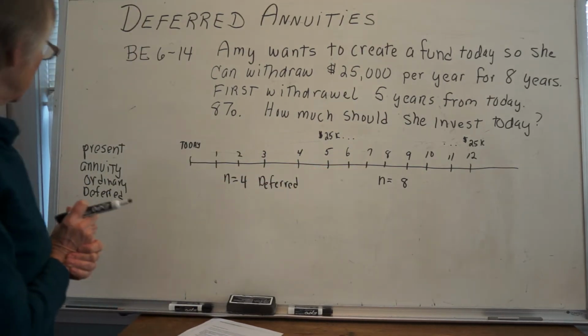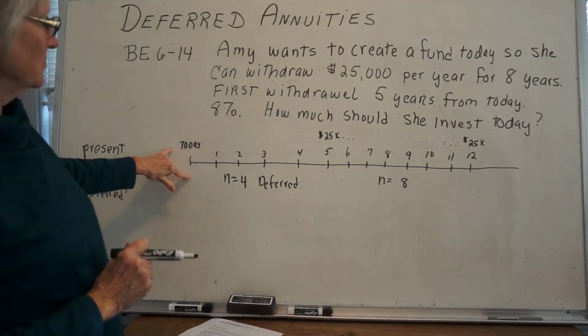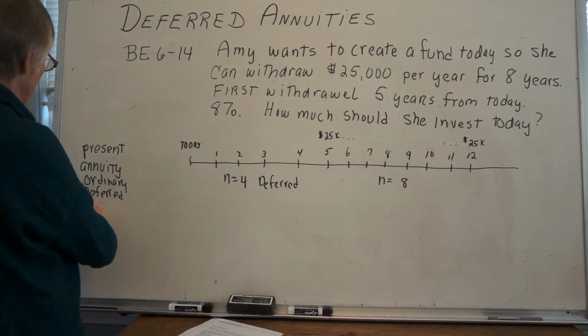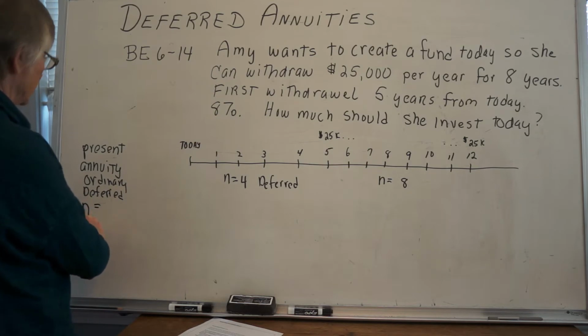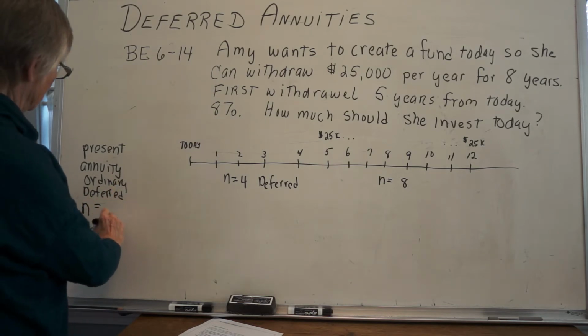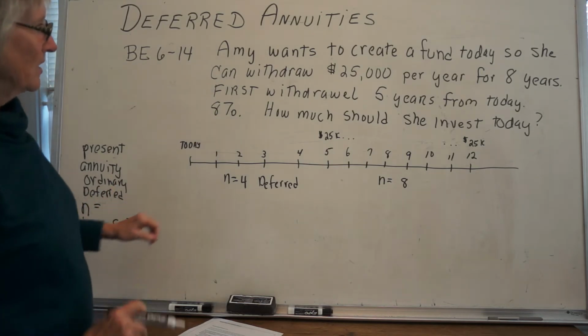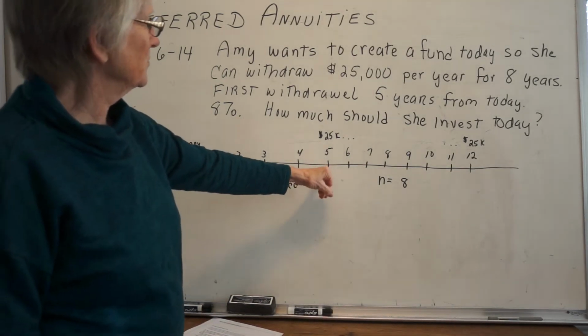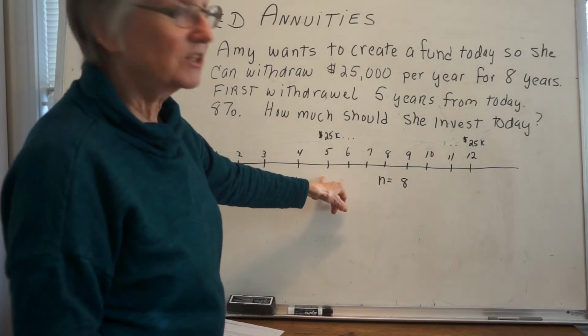Now we have to figure out the total number of periods. This is where something like this comes in handy. You have to figure out the N; we know that I equals 8%. Altogether, you're going to have 4 years that are deferred, and starting with the 5th year, 8 equal payments.